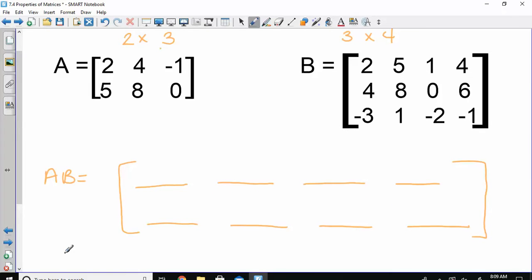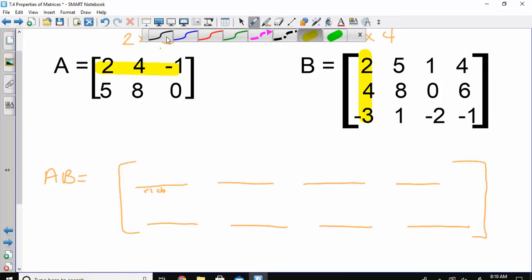Okay. To do this, we take rows times columns. For instance, this entry right here is the entry in row 1, column 1. So to find it, you will take row 1 times column 1. We multiply those corresponding numbers and then add them together.